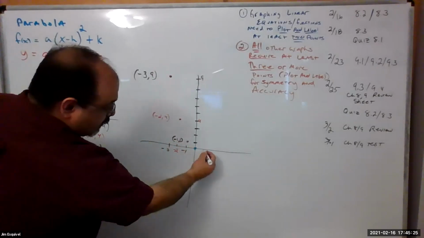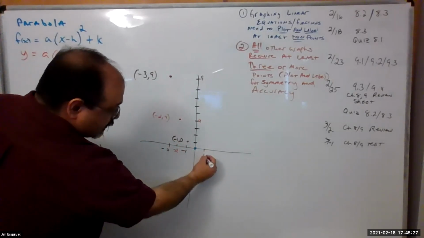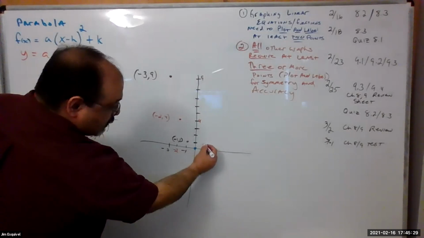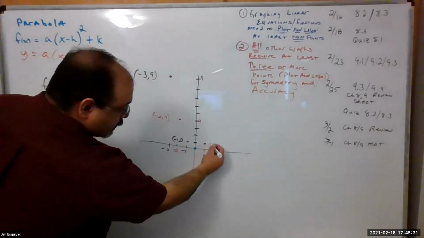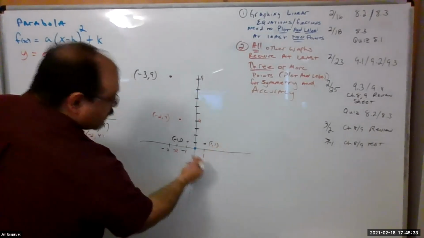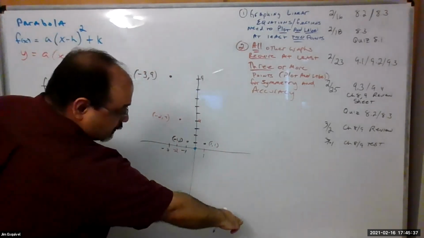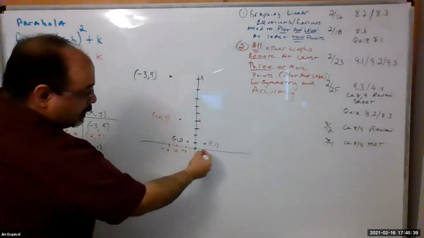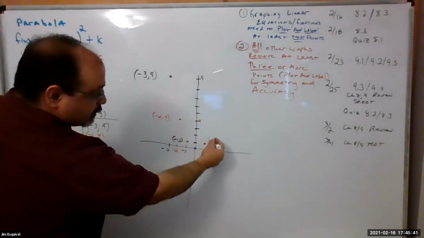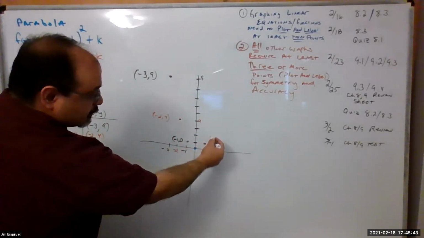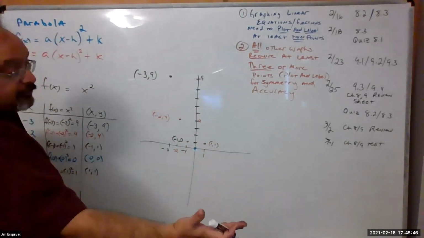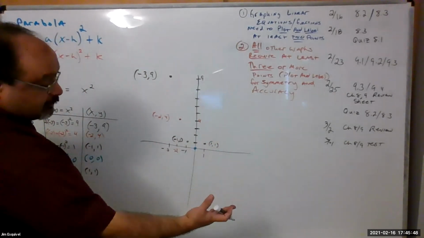But then when we get to positive 1, they go back up again. So technically, if it was a straight line, they would continue going down. But this time they're starting to go back up. And that hasn't happened before in anything that we've ever graphed.